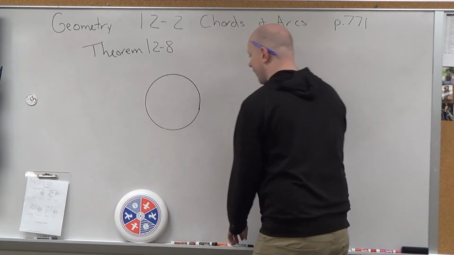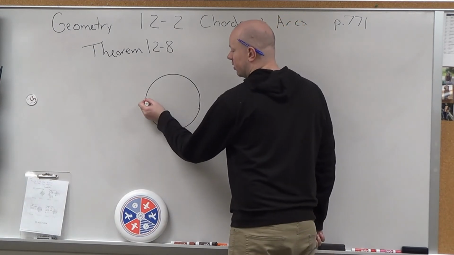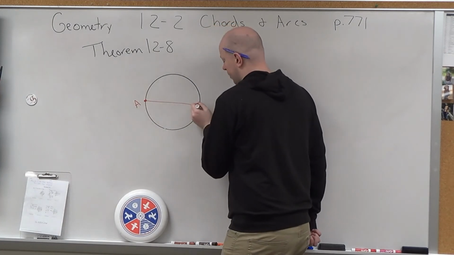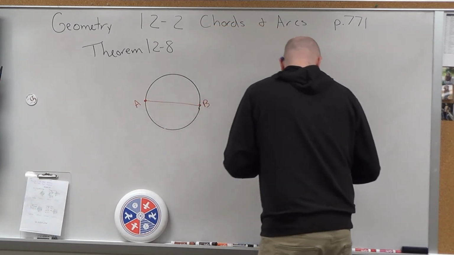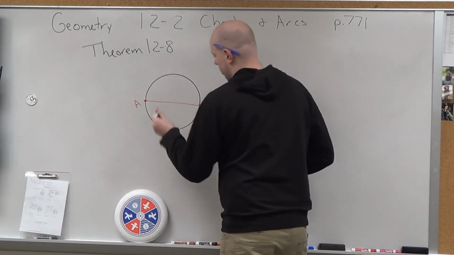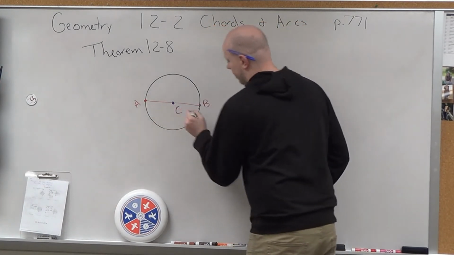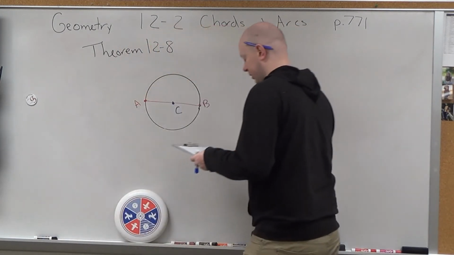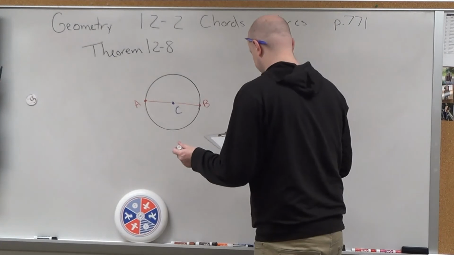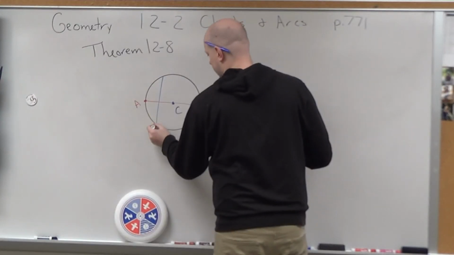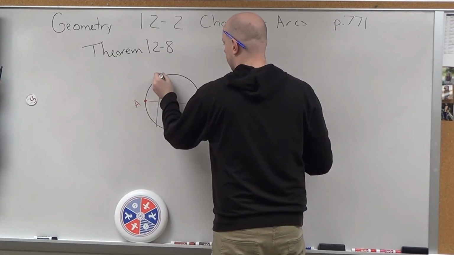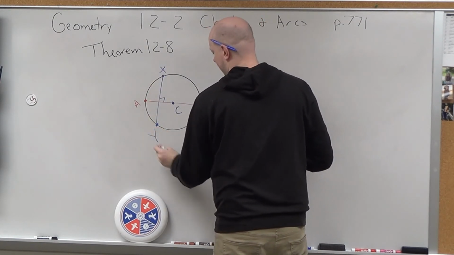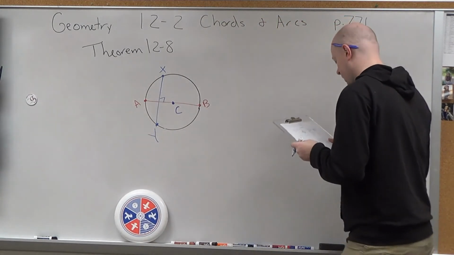These are all going to involve a very special chord that goes through the middle, which, as we said earlier, is the diameter. So it's the AB. And let's say it goes through the center, center C, for example. It says that, and then I also need something like this. And I'll use X and Y again.